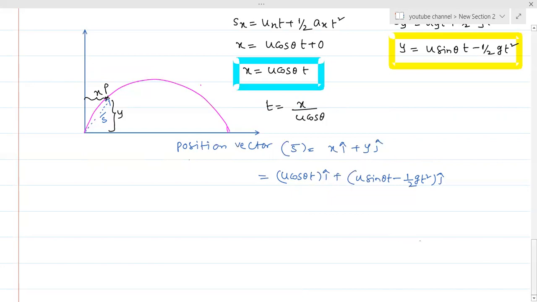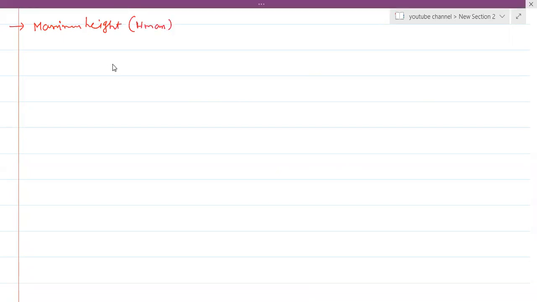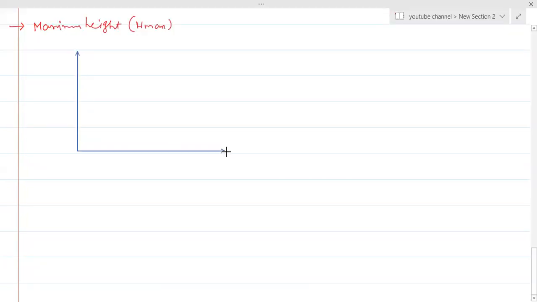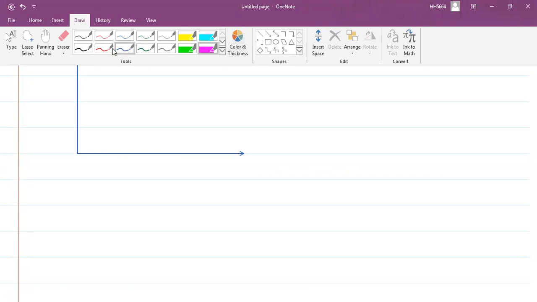Next, after discussing some time t, we will move on to the maximum height, h maximum. The maximum height is the position where the vertical velocity will be equal to 0.